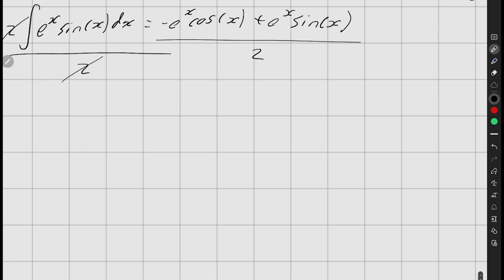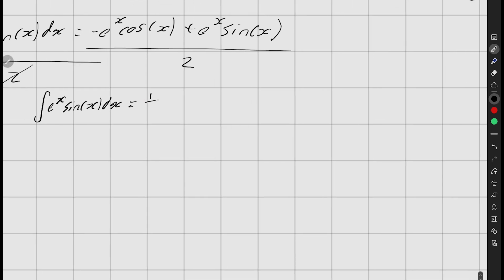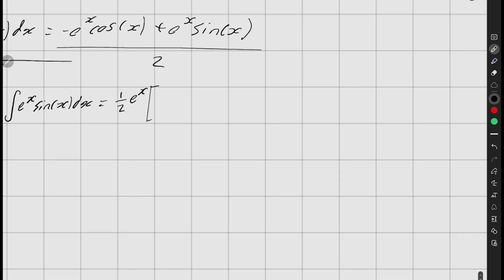Actually, we can factor some things out as well. So we can write the integral of e to the x sine x dx equals, that's going to become 1 over 2, and let's factor out e to the x, since it's in both terms. We factor out e to the x.